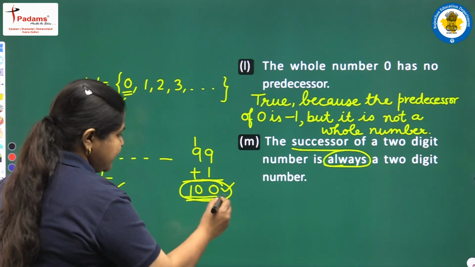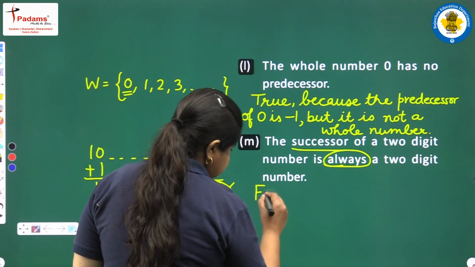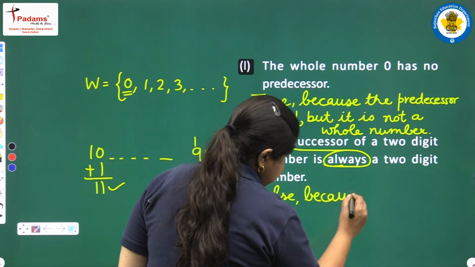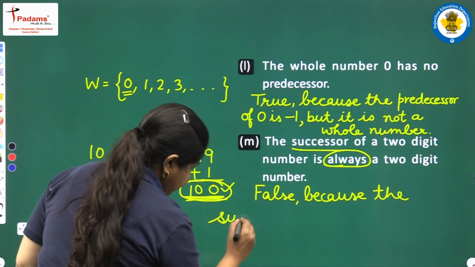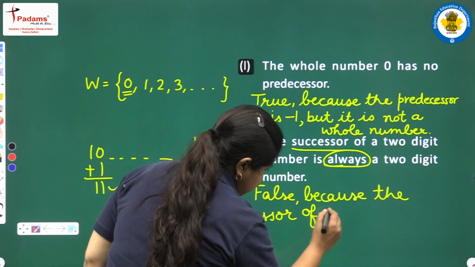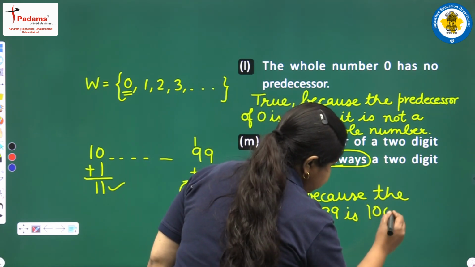There is one case when it is a 3-digit number. So, we can say it is a false statement because the successor of 99 is 100.